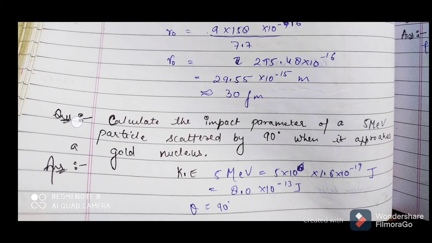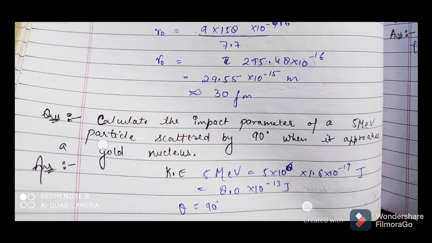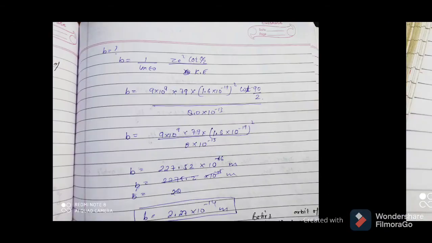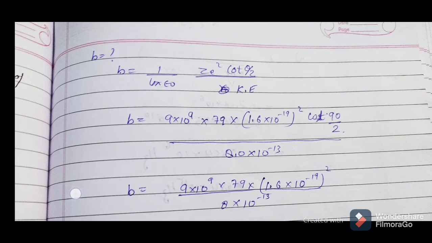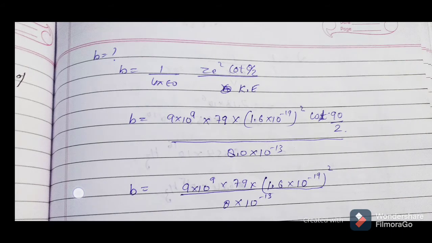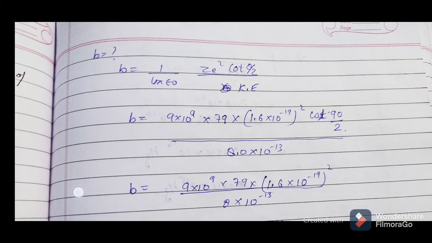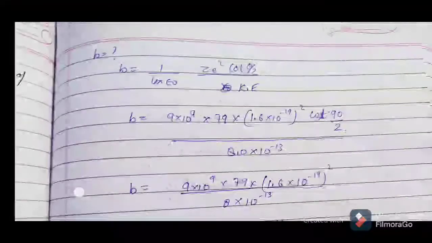We are also given the scattering angle, theta equals 90°. Now we have to calculate the impact parameter, b. We are going to put all these values in our formula. What is the value of K? That is 1 upon 4 pi epsilon naught, which is equal to 9 into 10 to the power 9, into Z. Here, as we have considered alpha scattering for gold foil, we write the atomic number of gold, that is 79, so Z equals 79.